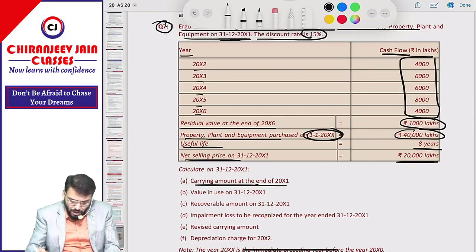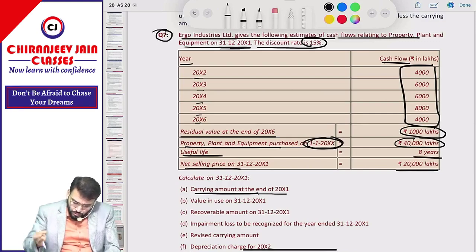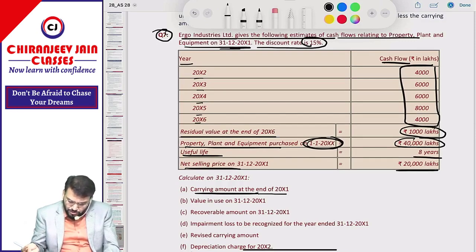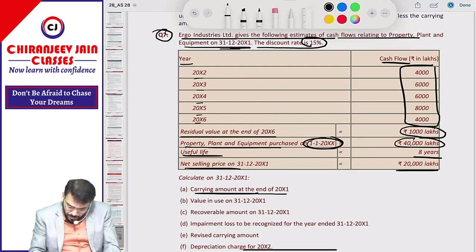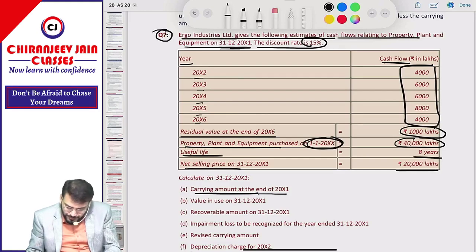Correct. So after how many years will we calculate? It is 2000, 2001. Just 2 years only, but it will be 3 years.